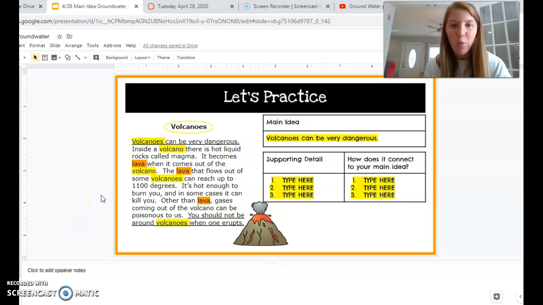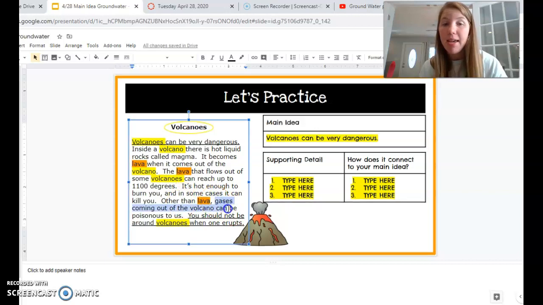Let's see, what do we think? What's a sentence that shows volcanoes are dangerous to humans? I think gases coming out of the volcano can be poisonous to us. Is that a thing that's dangerous?